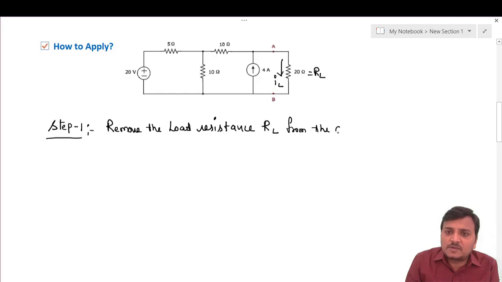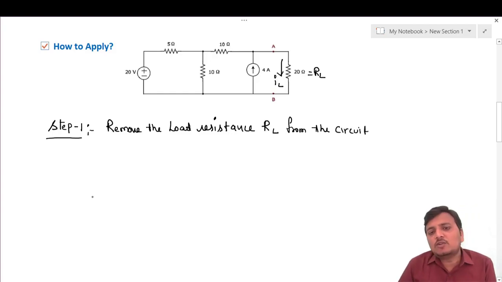Whatever load resistance you have considered, you have to remove it from the circuit. I am redrawing the circuit again after removing it.